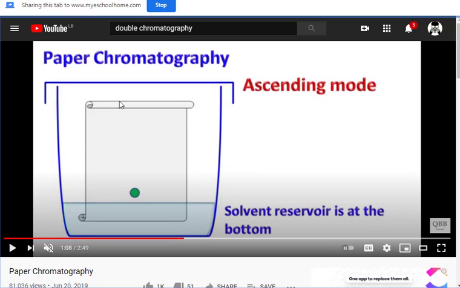Now you put the paper in the solvent, in the liquid, but the liquid should not touch the drop that you put. Now, the paper will absorb the liquid. The liquid will move up. When it moves up, it will carry with it the different amino acids.